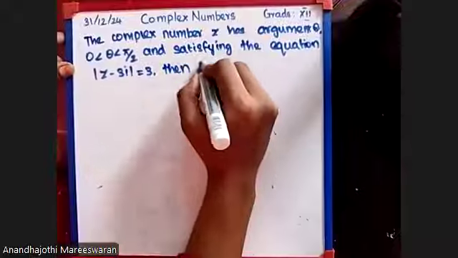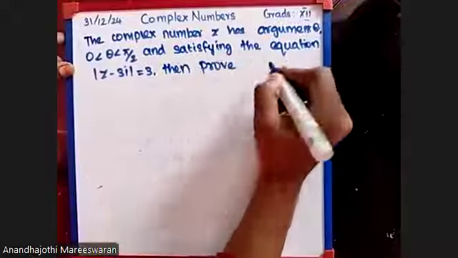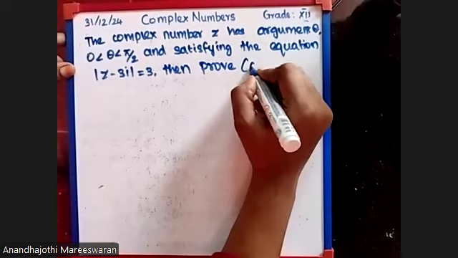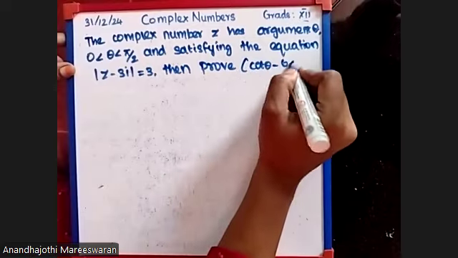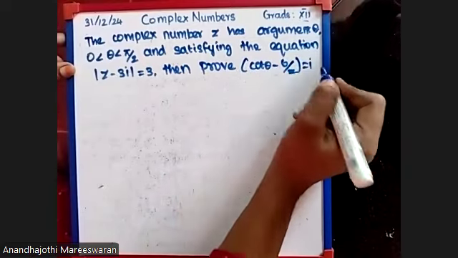Then prove cot theta minus 6 by z equals i.